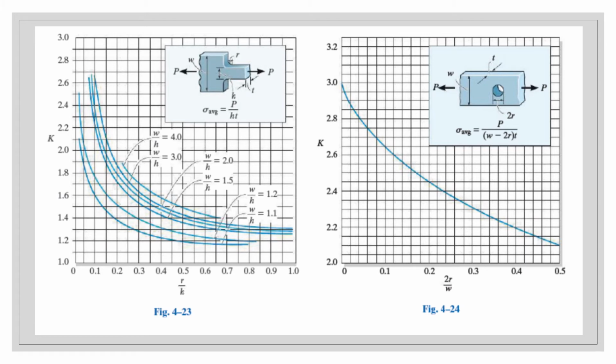We have 2R over W as 0.5 here. So our value of K is 2.1.